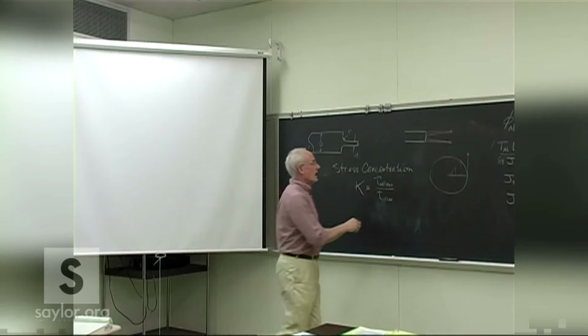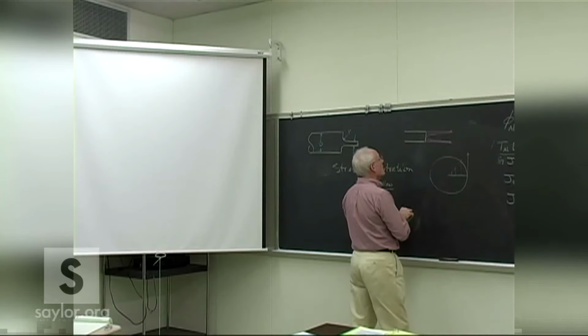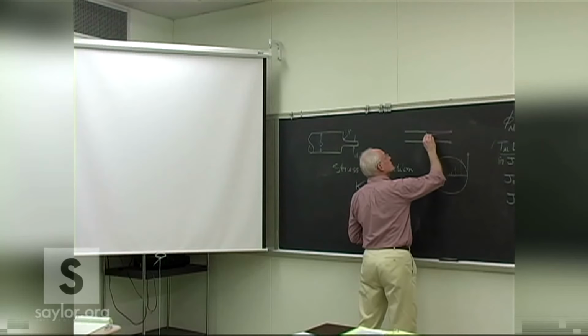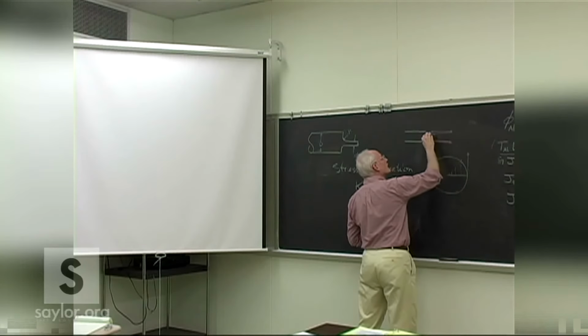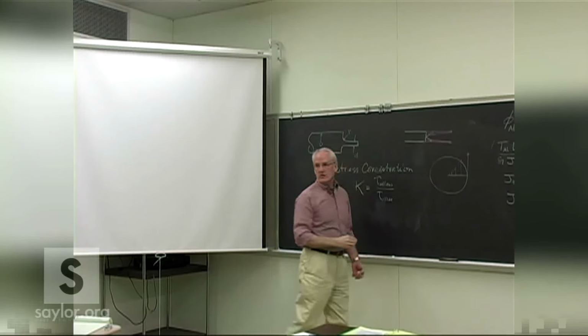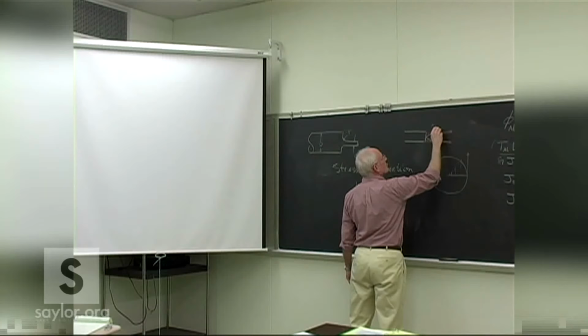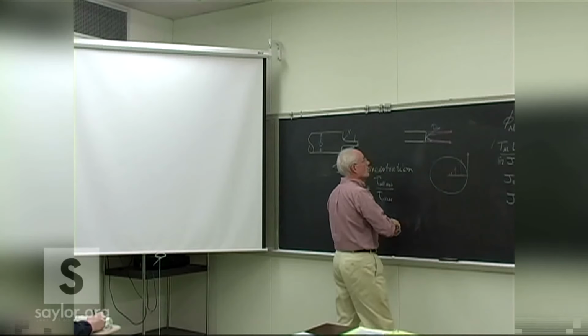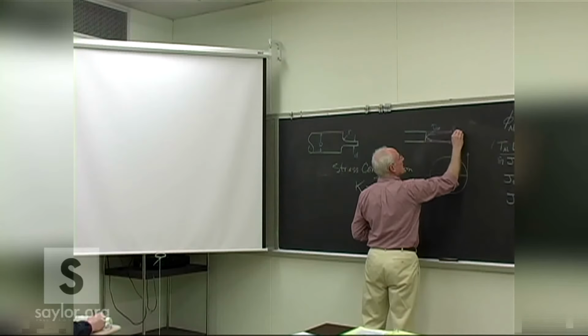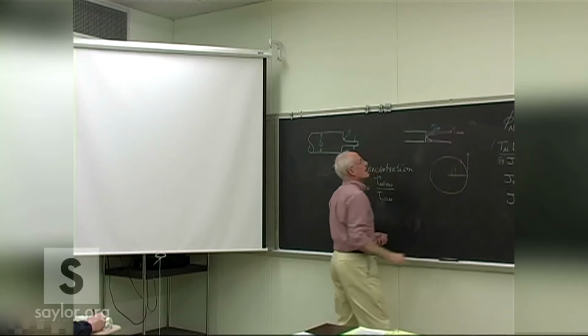But these are all average values, so our average distribution then looks something like this. It's linearly increasing from the inside to the outside, and that's what we've been using, whereas the maximum might be there.